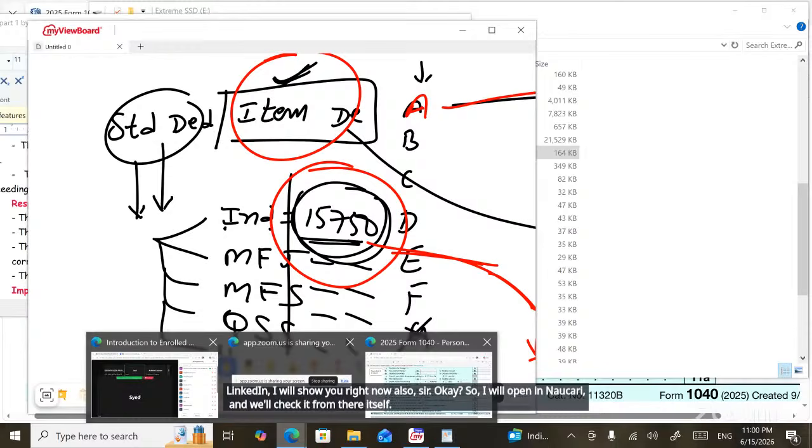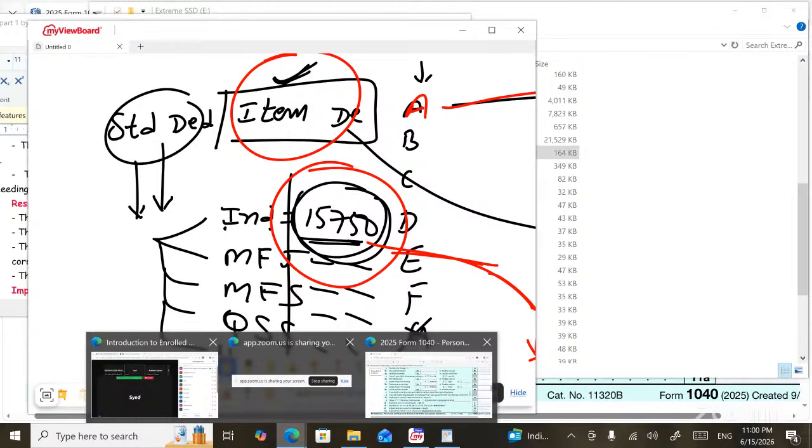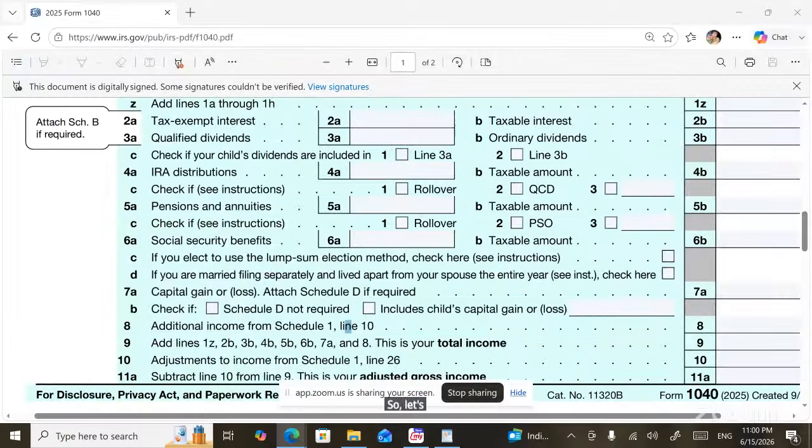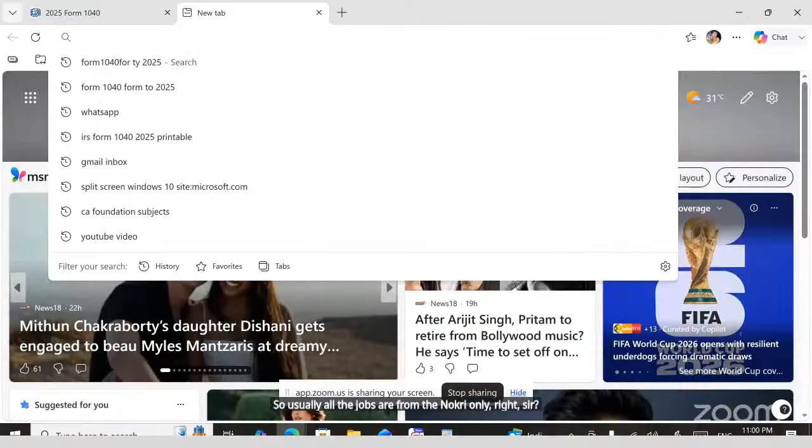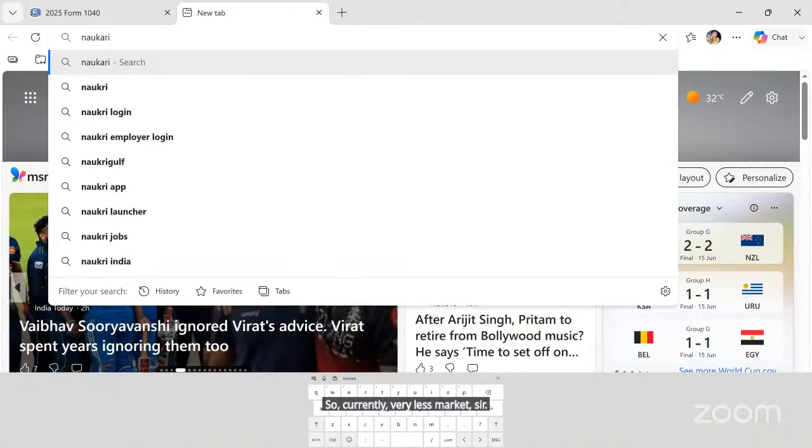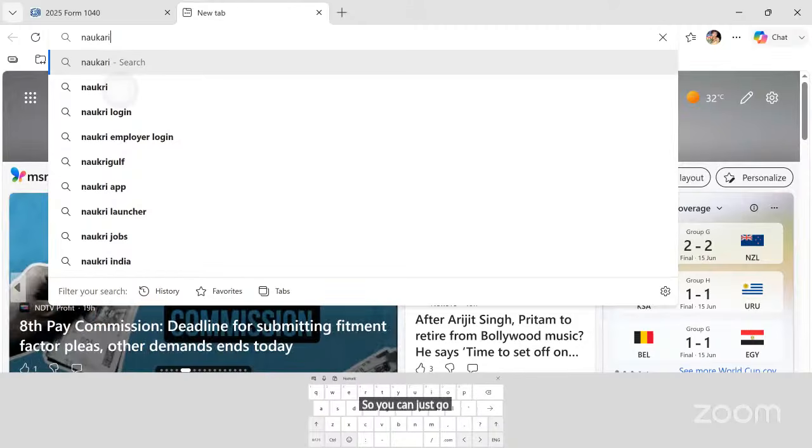So let's open Naukri. Usually all the jobs there are from Naukri only, right, sir? Currently there is very little market, sir. You can also go to ChatGPT and ask what the opportunities are for enrolled agent jobs.